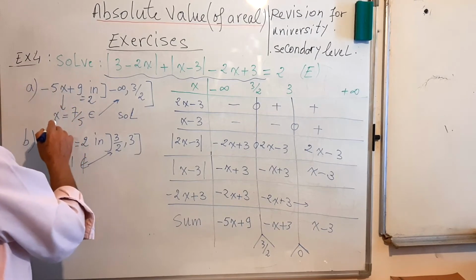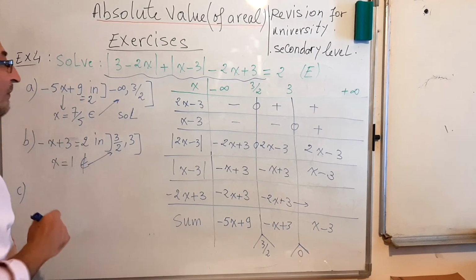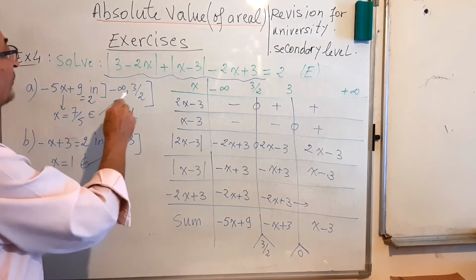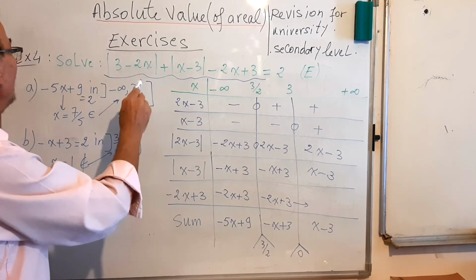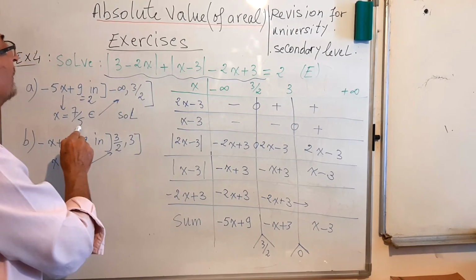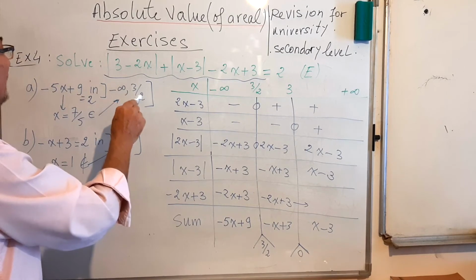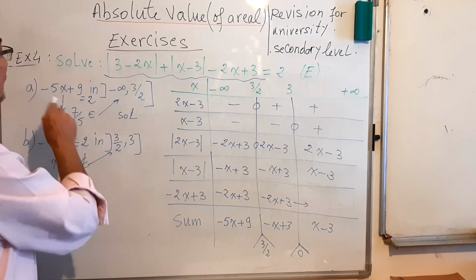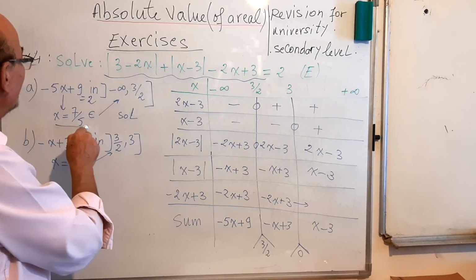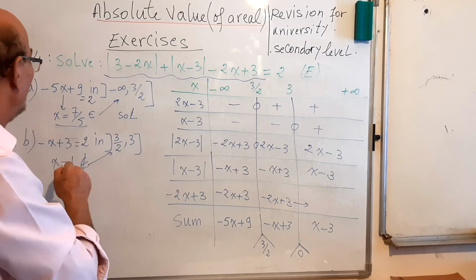The solution is x equals 7 over 5. 7 over 5 belongs to the interval minus infinity to 3 over 2, since 7 over 5 is less than 3 over 2. Therefore, x equals 7 over 5 is a solution of the equation.